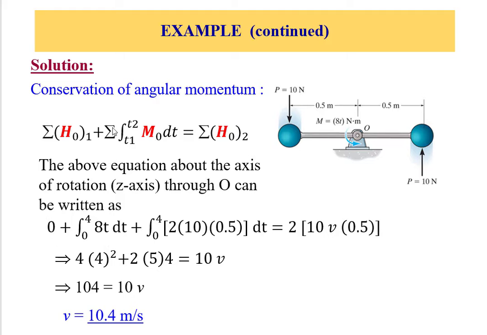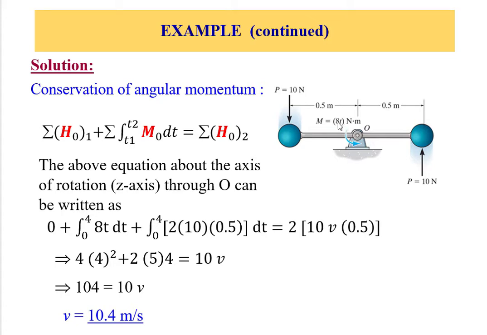So this is 0. The summation of moments has two sources. There is the integration of 8t from 0 to 4, and also, during this time, there is a constant force supplied to the system, and this force causes a moment, which, if we compute about O, is simply, let's consider counterclockwise to be positive, first of all.